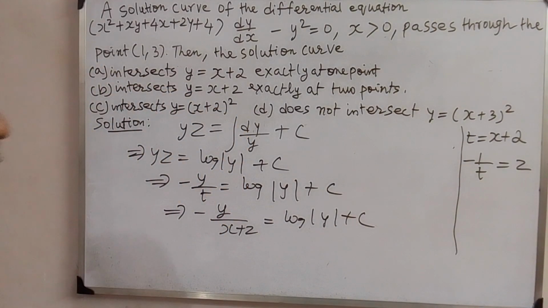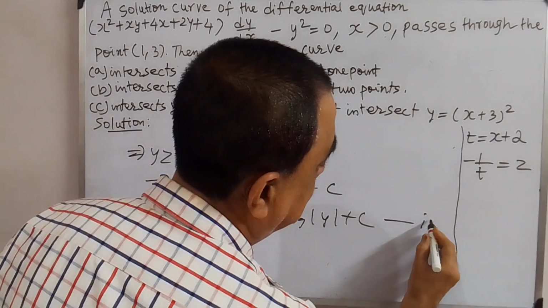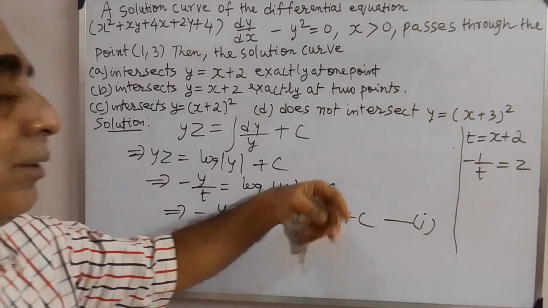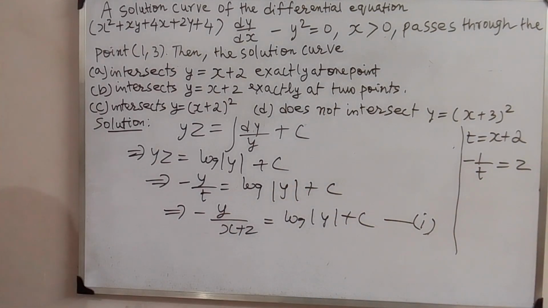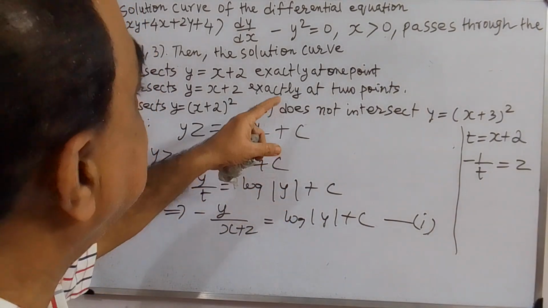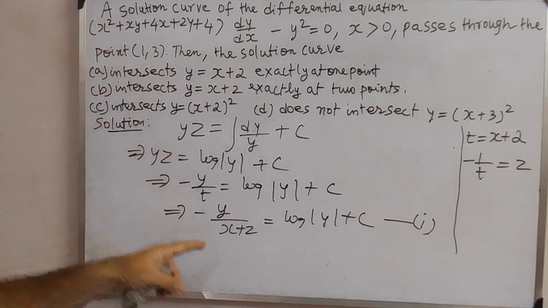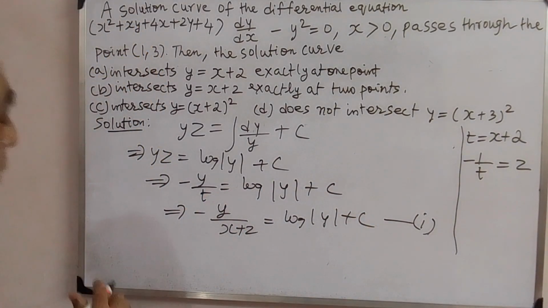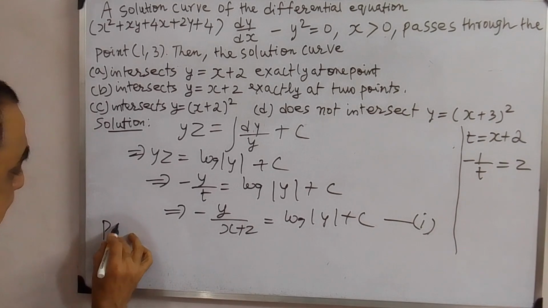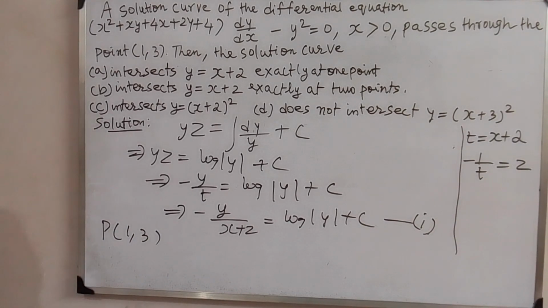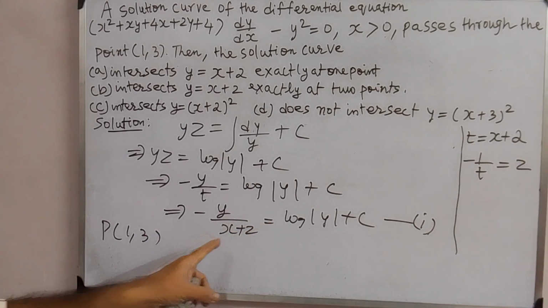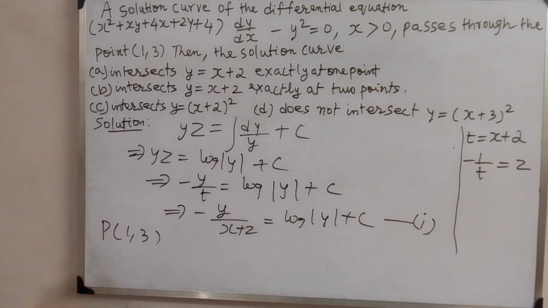So we are getting minus 1 by x plus 2 is equal to log of y plus c. Now this is the general equation of the curve, but we will make it free from c. How will we do that? It is told to us that this curve is passing through the point 1, 3. So in place of x in this equation you put 1, and in place of y you put 3.